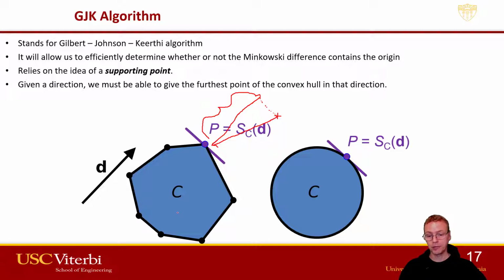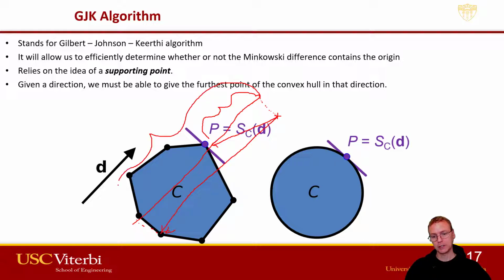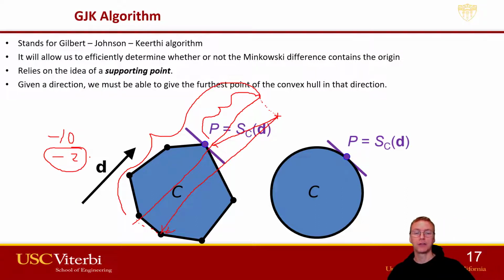Consider a different point. Let's say this point here. Okay, that's pretty good. All right, let's take that P and dot it with our same D. And what we'll get is this value. This is a much smaller absolute value of the dot product, but it is negative. So for this point, we'll have something like minus 10, and for this point, we'll have something like minus 2. And so minus 2 is greater than minus 10. That's the one we want.